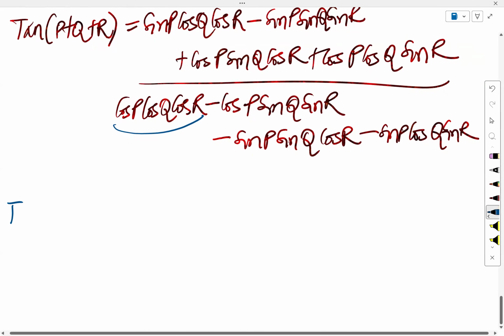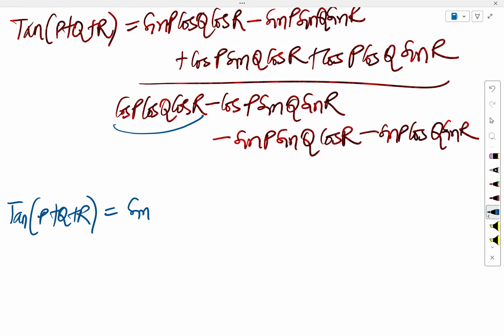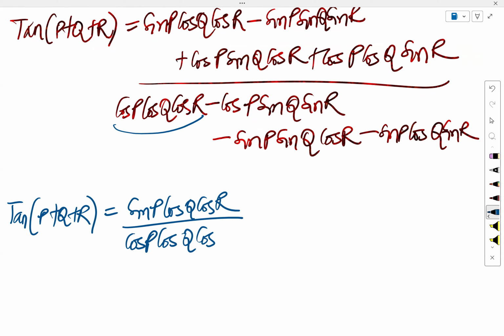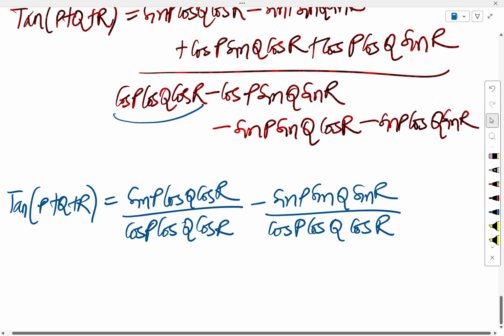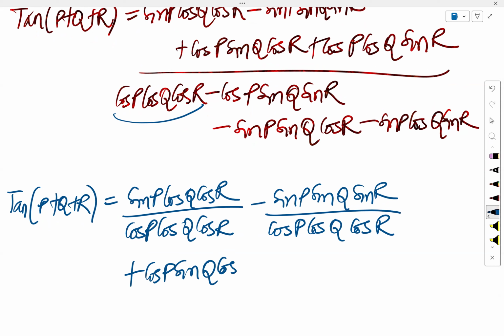So now we have tan of P plus Q plus R, and that is sine P cos Q cos R all over cos P cos Q cos R. The second one is sine P sine Q sine R all over cos P cos Q cos R. And then we have the next one, plus cos P sine Q cos R all over cos P cos Q cos R.